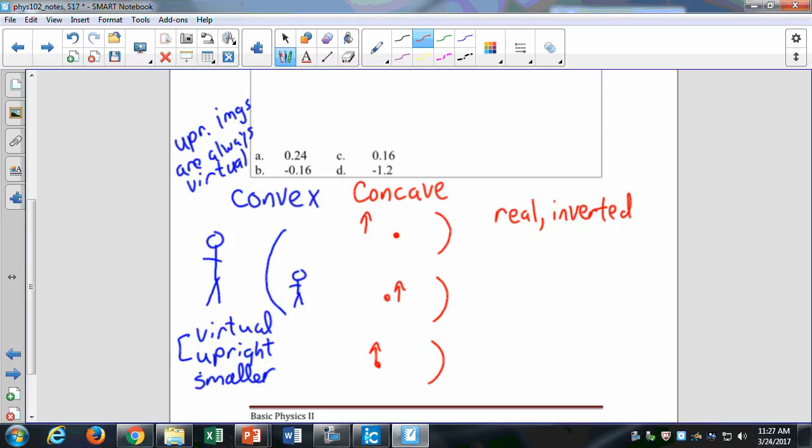When I'm inside the focal point, I produce a virtual image. And did you know virtual images are always what? Upright. So it's a virtual upright image. It's also bigger. And at the focal point, there's no image at all.